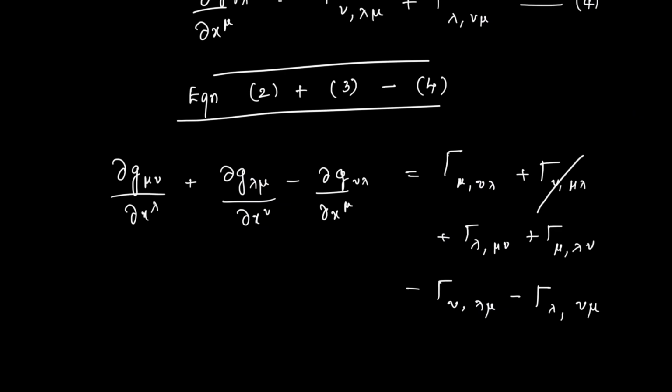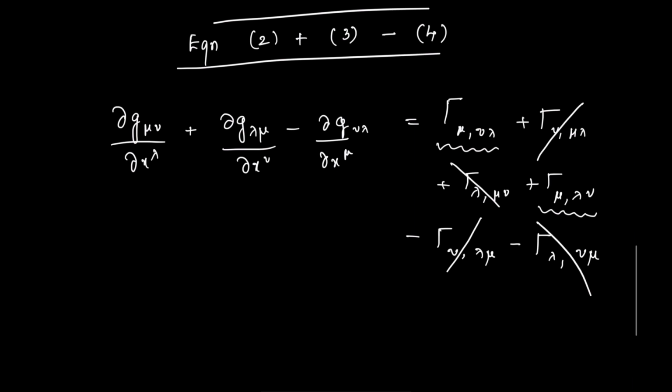So here I can cancel these two, then I can cancel these two terms. So the remaining terms will be 2 times this quantity, this plus this, so 2 times.